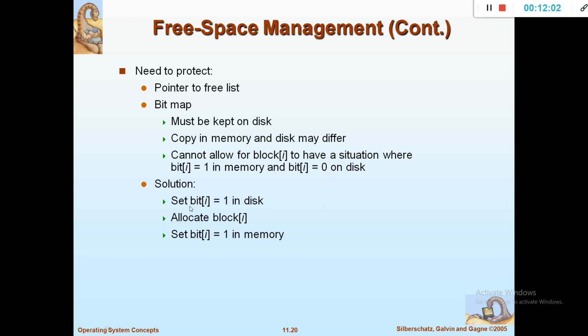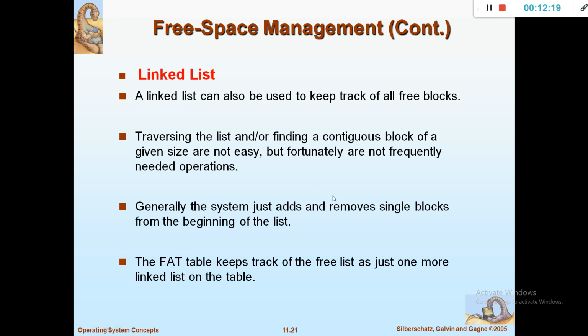The solution is: set bit[i] equal to 1 on disk, allocate the block, and set bit[i] equal to 1 in memory. This is the method we use for protection and for the problem we faced with the bit vector.